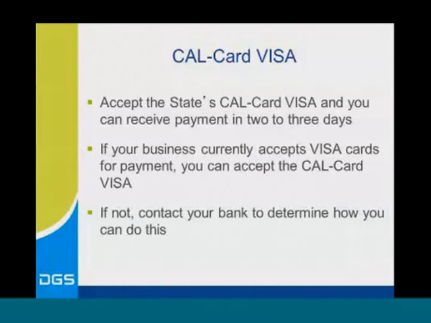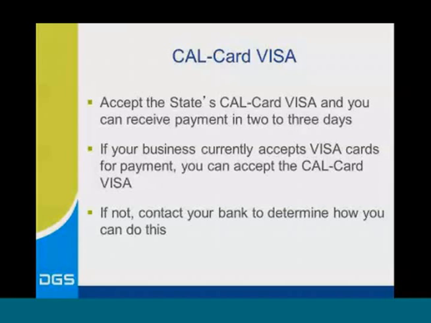The last bulleted item is the CalCard Visa. And if you accept a Visa card, when you are awarded the contract, you want to ask them if you can be paid by a Visa card.